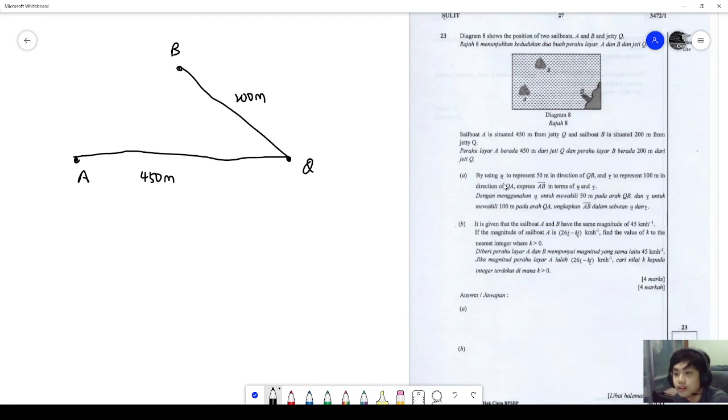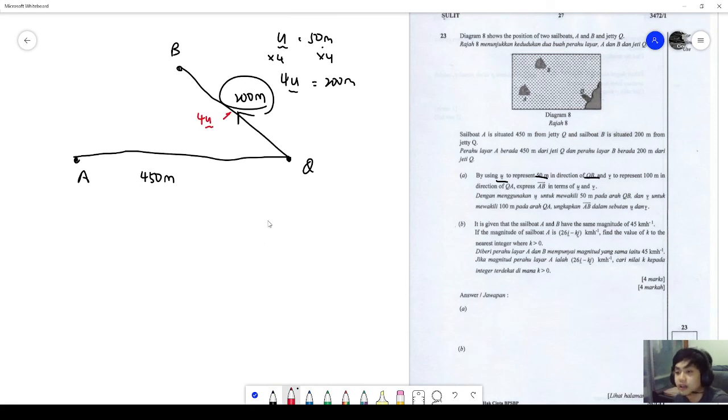So using u to represent 50 meters in QB, so QB is in this direction. So 50 meters in QB means that u equals 50 meters. Therefore, 200 meters is just, here times 4, here times 4, so 4u equals 200 meters. Therefore, the vector in this direction is 4u.